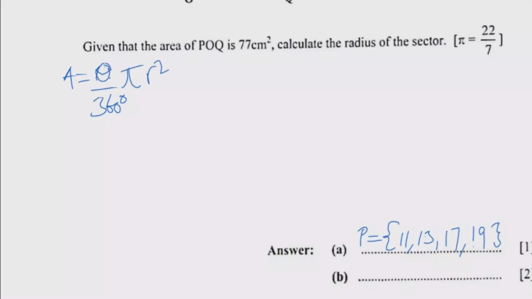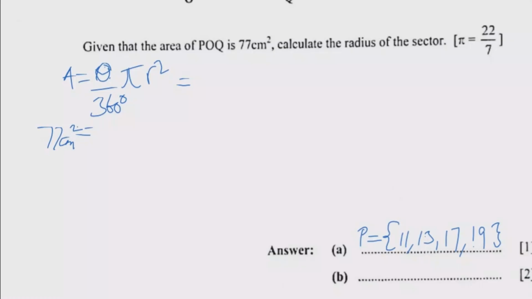Now what we can do is go ahead and say what we are given. The area is 77 centimeters squared.